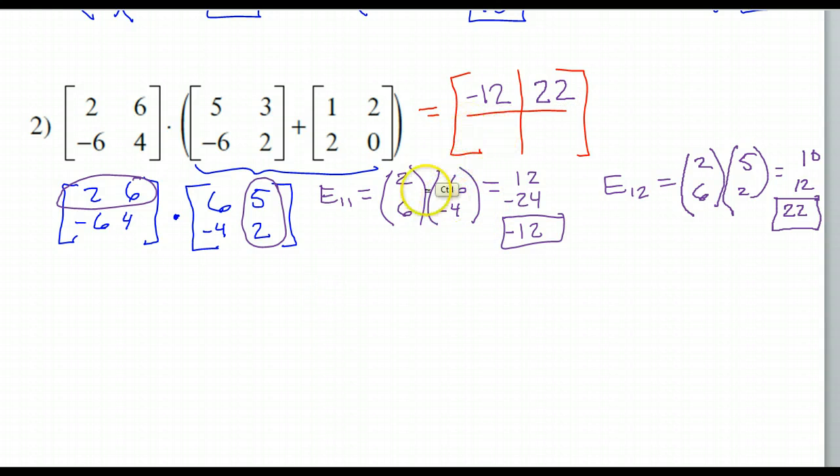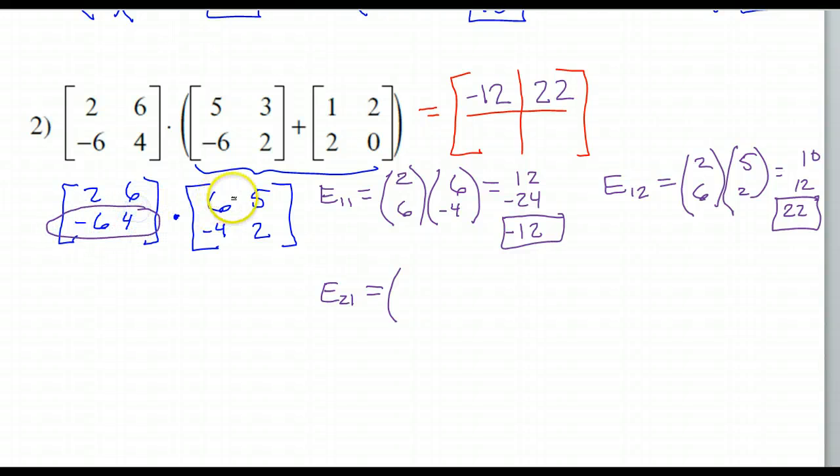Now I'm going to come down here, and this is going to be element 2,1, because this is row 2, column 1. So I need to multiply row 2 and column 1. I'm going to have to change both of these. So now I'm looking at row 2 and column 1.